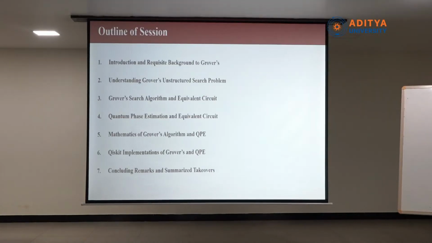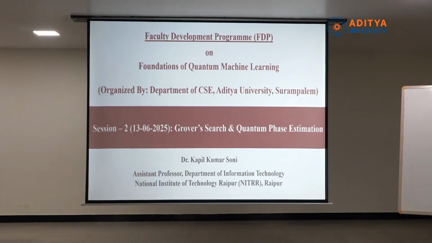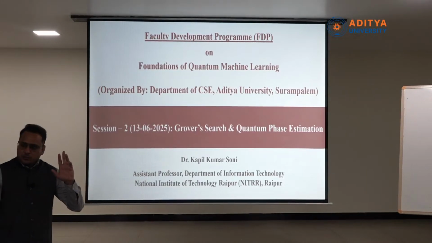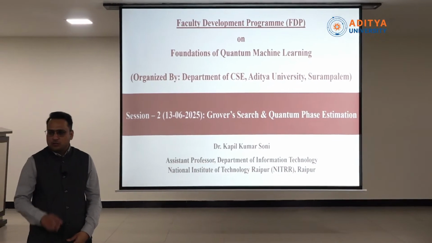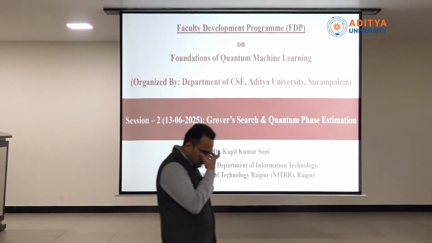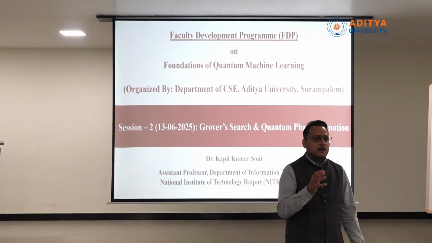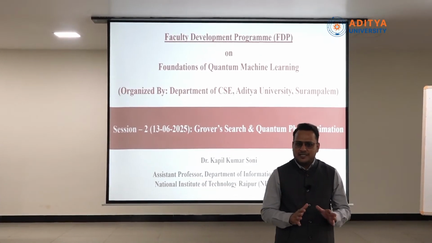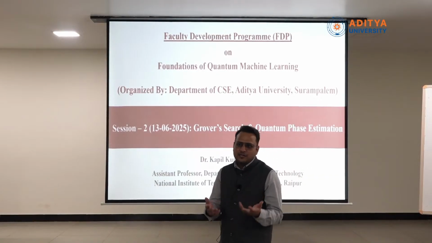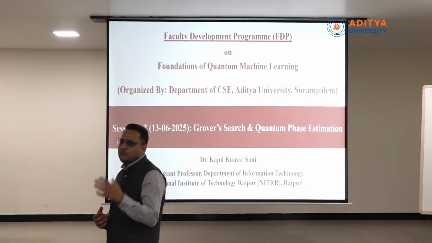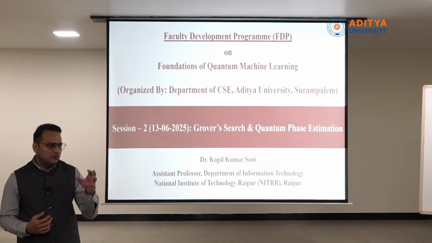Now look at this. These are the two topics: Grover search and phase estimation. These are basically two different design strategies. Since you all belong to computer science, I will explain in that perspective.